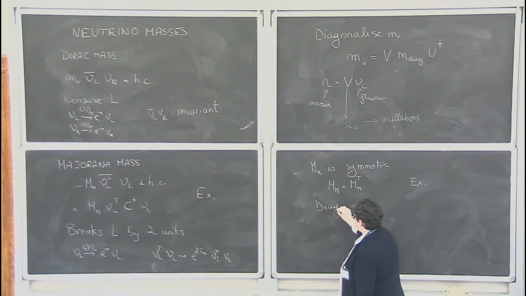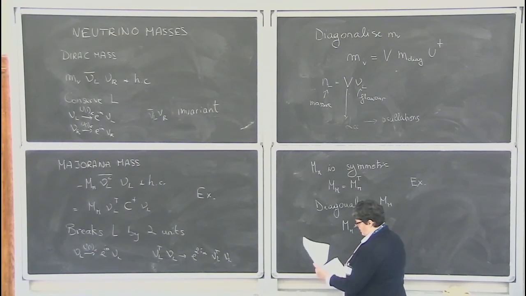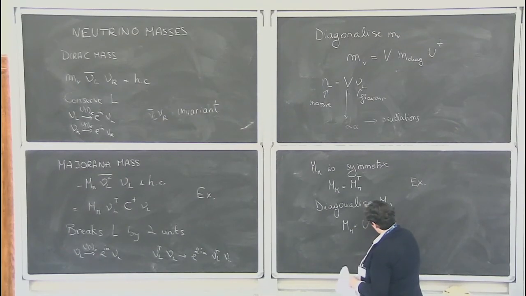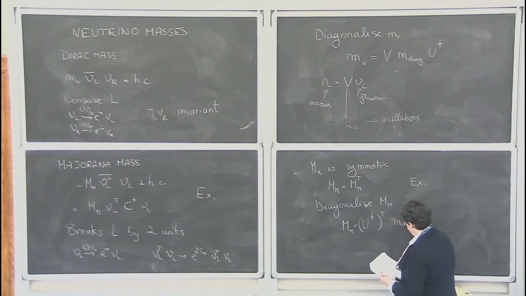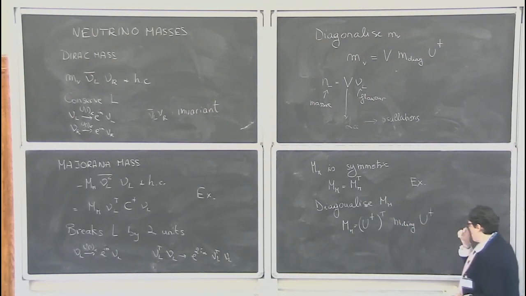So again, I need to diagonalize this mass matrix to find the values of the masses. And so I will have that M is equal to U dagger transpose M diagonal U dagger. So I just need one mixing matrix.